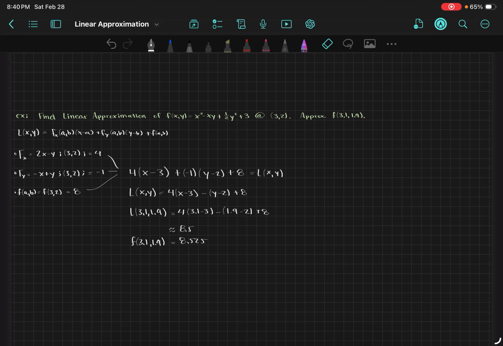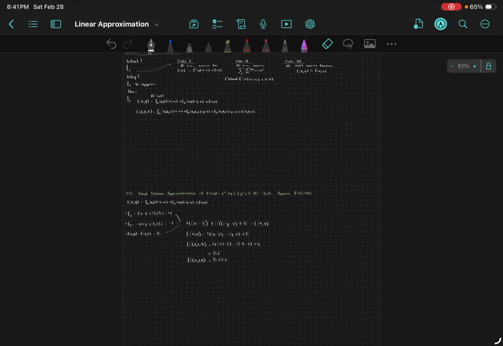So I guess that's exactly what linear approximation in Calculus 3 is. I guess there's really nothing more to say about that. It's pretty nice to be able to approximate three-dimensional or multivariable functions here. As you can see, our linear approximation will do just fine to within about a hundredth of error.